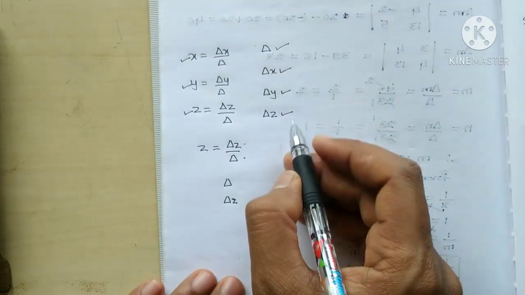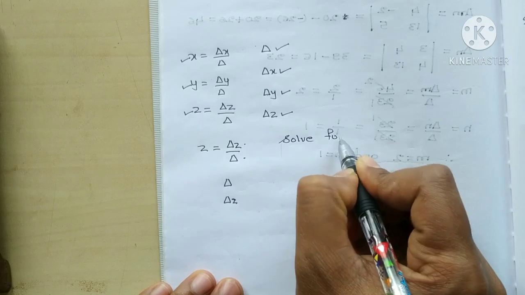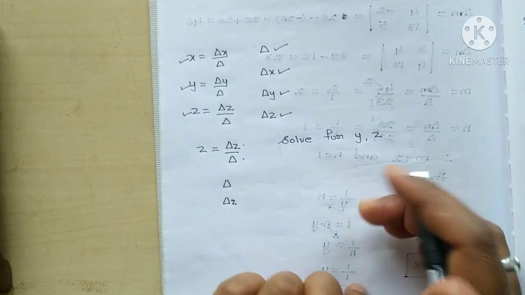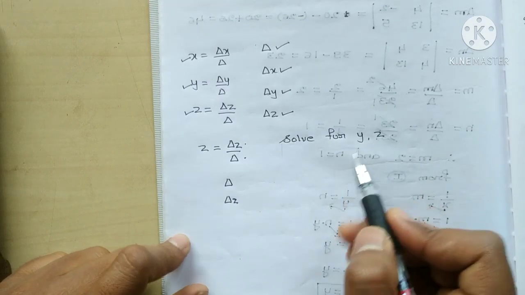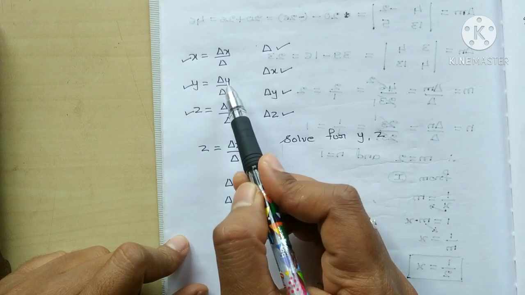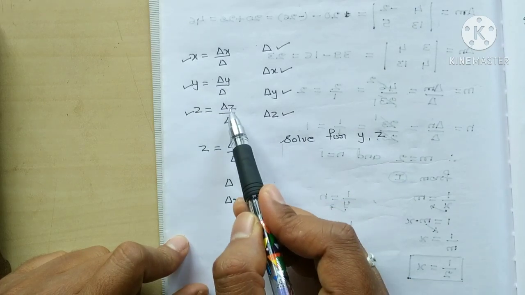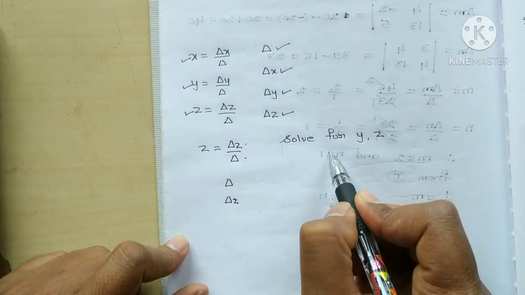Delta z. No need to solve for delta x and delta y, because the question is only to solve for z. Suppose the question is solve for y and z. Three equations are given. If they ask you to solve for y and z, then the y formula is delta y divided by delta, the z formula is delta z divided by delta. So first step, which value do you have to find out? Delta value.